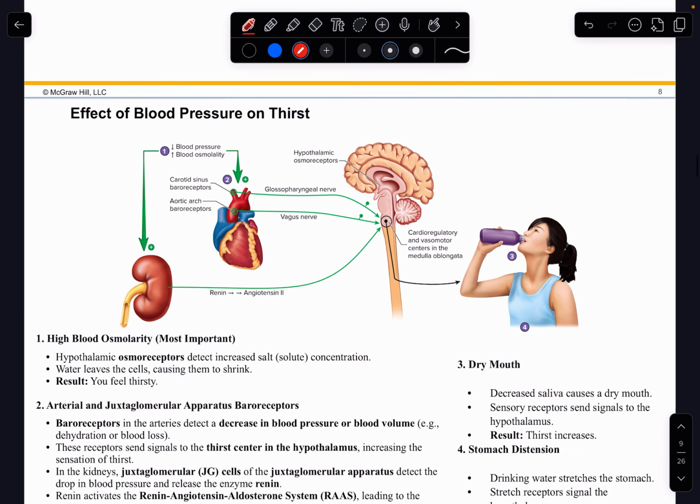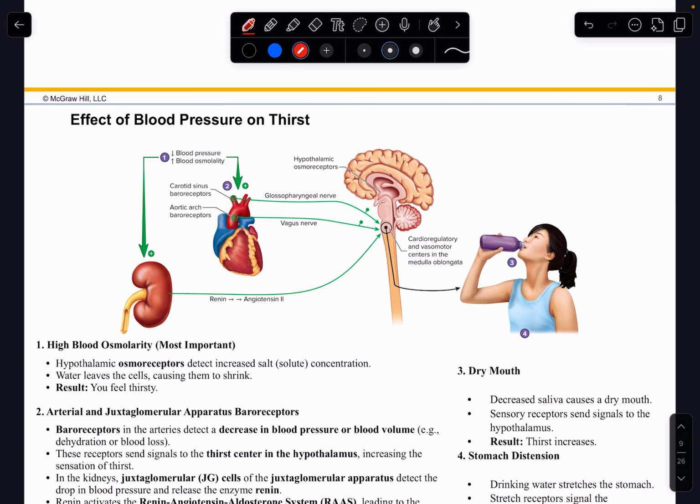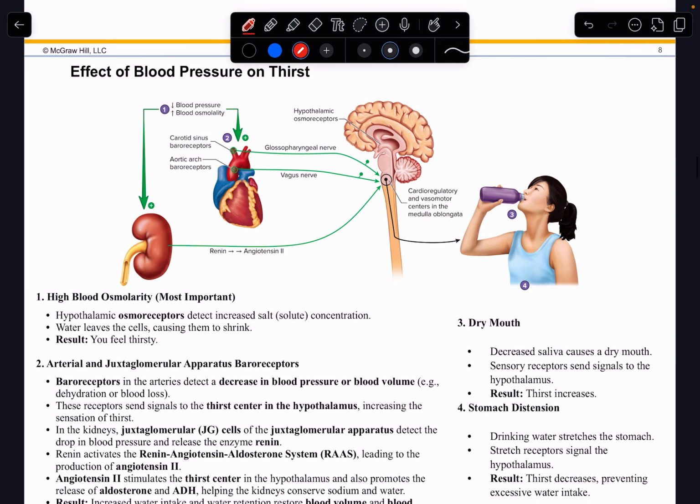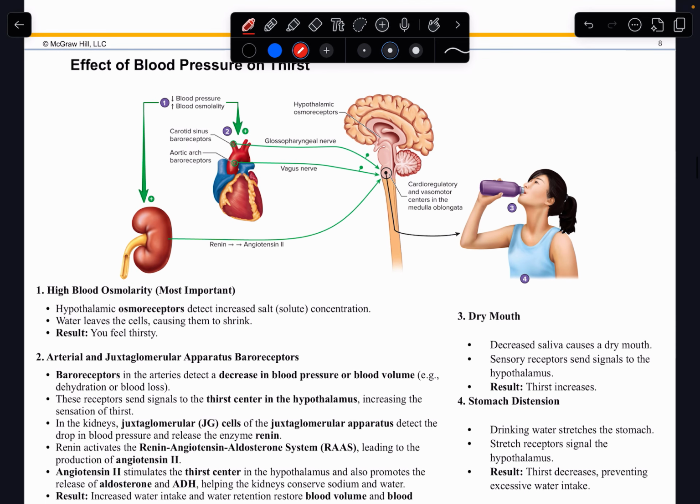Effect of blood pressure on thirst. Our body also monitors blood pressure, BP, to regulate fluid intake. For example, think about your blood pressure decreasing, going down.